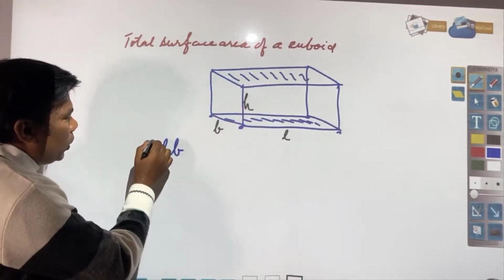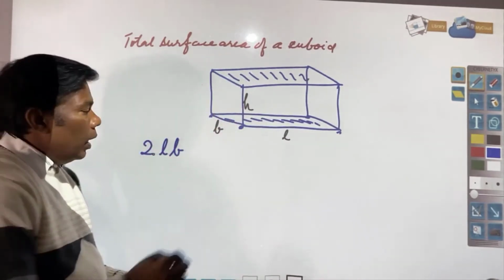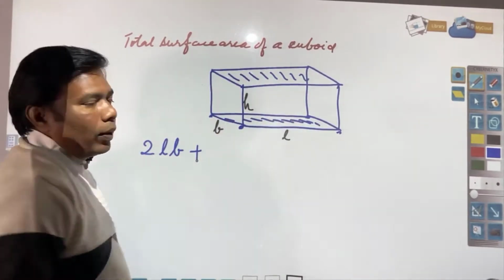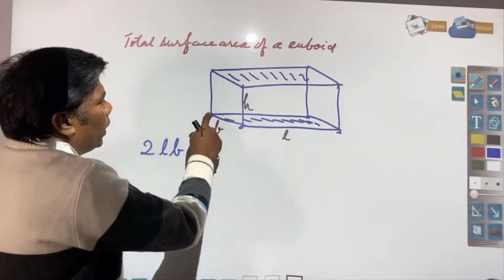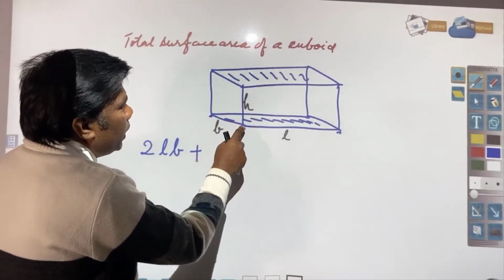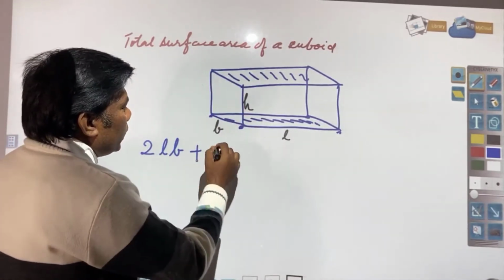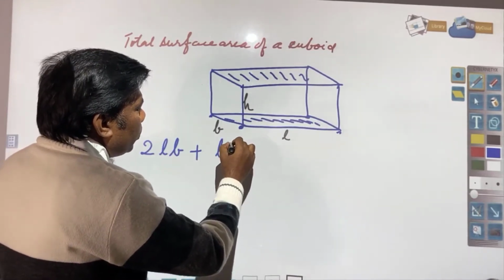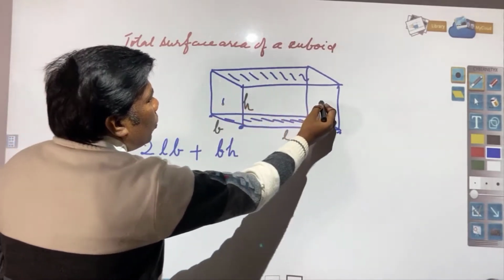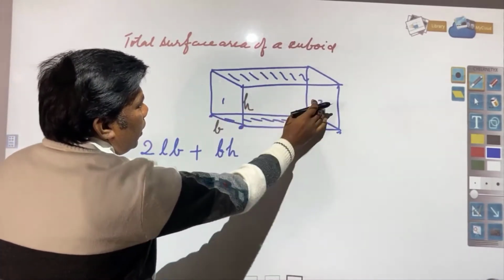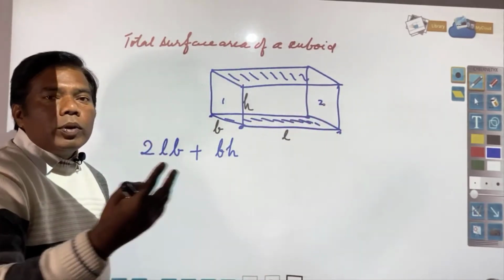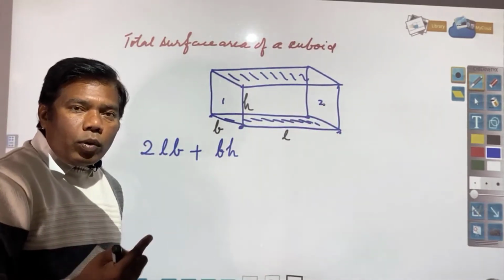So you can write 2LB, and plus you see 4 walls you have. Suppose this wall you are taking. So here you have one side B, the other side H. So this can be written as B into H. Again here you have 2 faces similar, just opposite 2 walls, one pair of walls you take.